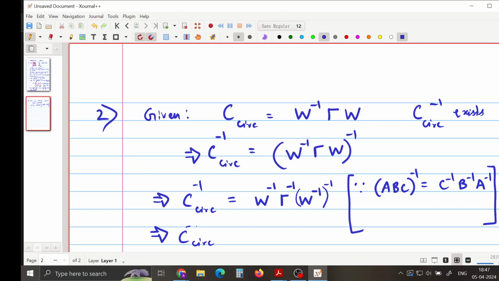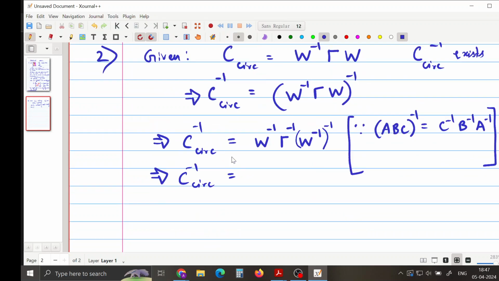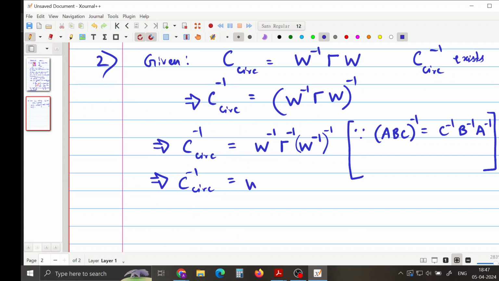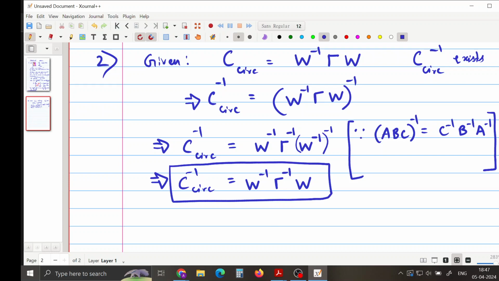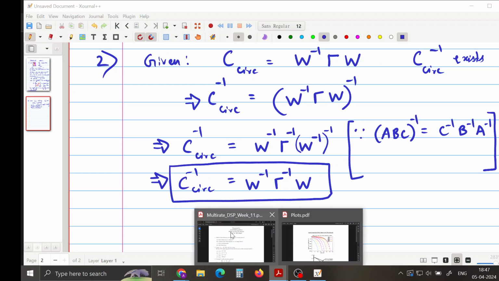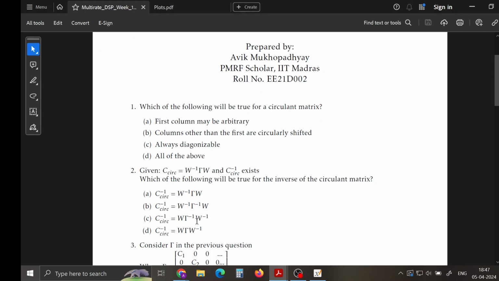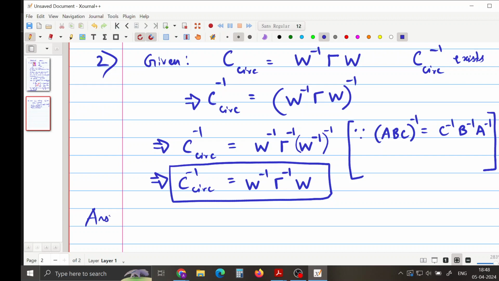C circulant inverse equals W inverse times gamma inverse, and the third term, W inverse whole inverse, is nothing but W. So this is the form of the inverse: W inverse gamma inverse times W, and I think it is matching with option B. Option B, W inverse gamma inverse W. So option B is the right answer.